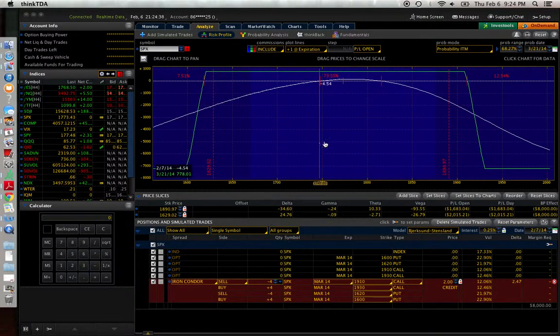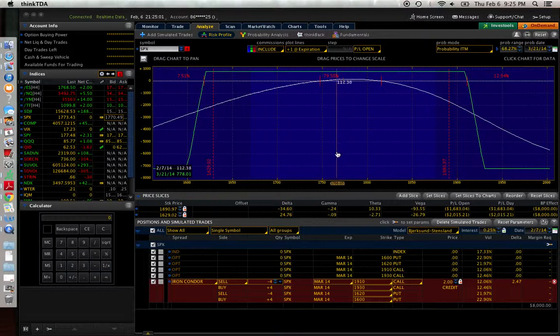So this is what the spread looked like. This is what it would look like if I had it today. It'd be up $136 minus the commissions because the S&P 500 went up today. I believe 21 points. Don't know why it's not showing here, but it was up 21 points today. So volatility came down as a result.